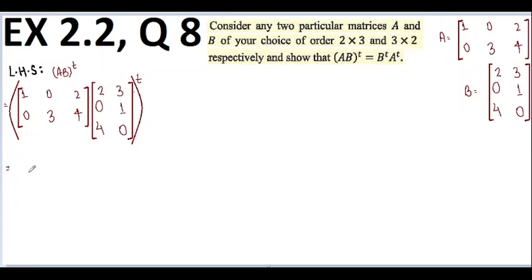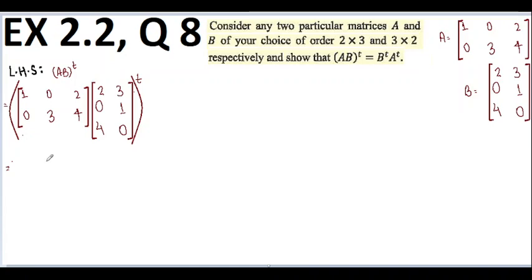Now we are going to multiply them. We should also keep in mind that the result of the product of these two matrices would have the number of rows equal to the number of rows of the first matrix, and the number of columns equal to the number of columns of the second matrix. So this should be in your mind. Okay, now we are going to start multiplication.